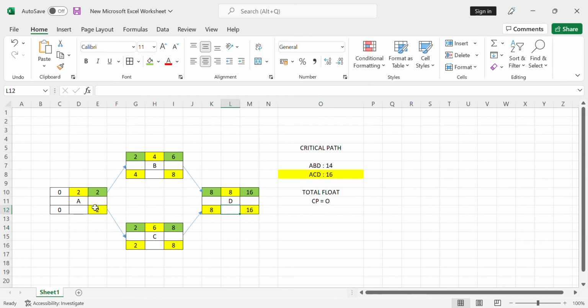Now see here, for total float I am writing 16 minus 16 is equal to 0, or you can also solve 8 minus 8, which is also 0. The total float of activity C is also 0: 8 minus 8 is 0, 2 minus 2 equals 0. Here also the total float is 0. Now 8 minus 6 equals 2, or you can also solve using 4 minus 2 equals 2. So this is the way to solve the network diagram.